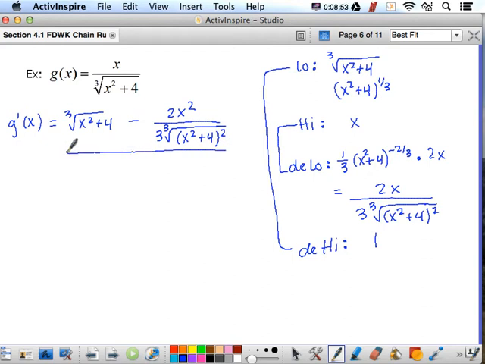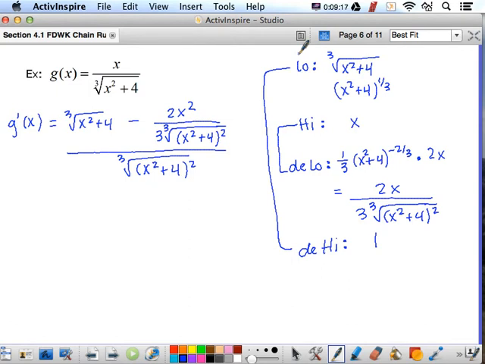Yeah, you just square what's under it. So we have the cube root squared, or cube root of x squared plus 4 quantity squared. So there we have it, you guys. That's all of the calculus. I'm going to pause for a second, and then we're going to go through and get rid of those inside fractions so that we don't have a complex fraction.